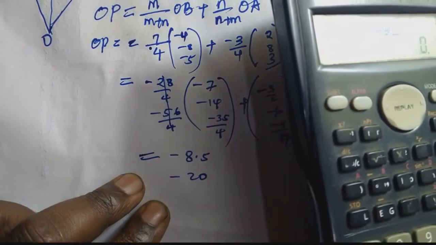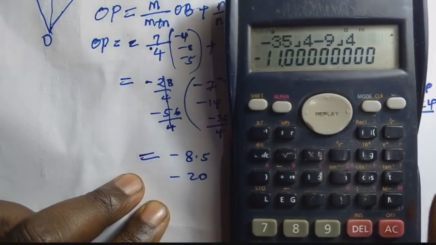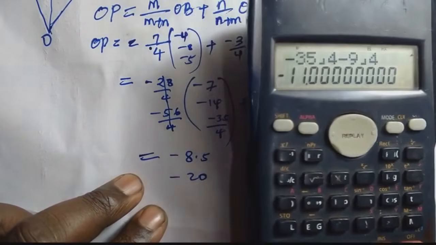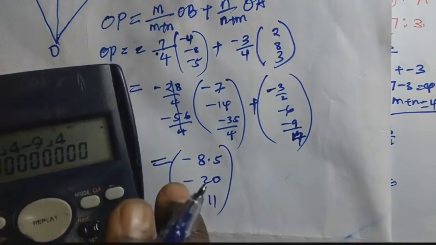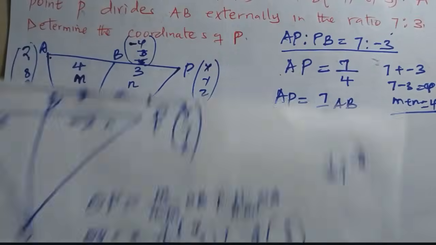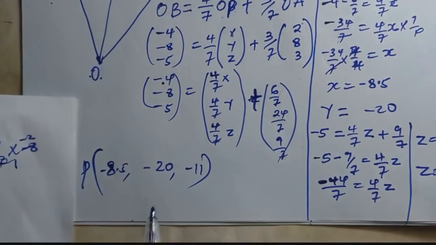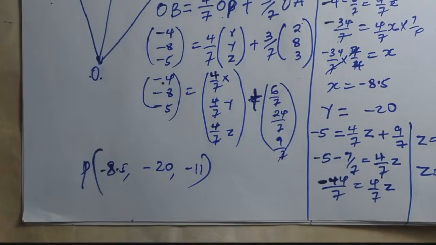Negative 9 over 4. You find that it is negative 11. So it is actually the same as what we got here. So you can choose to do this way or this way. For the external one, you need to be very careful.